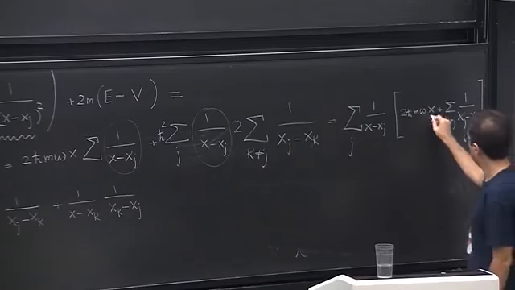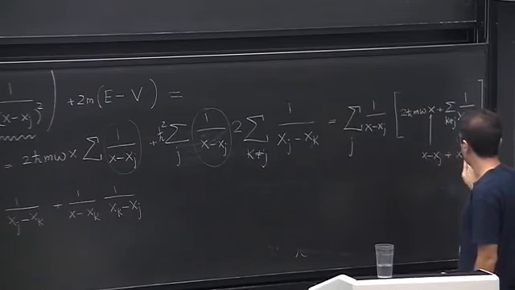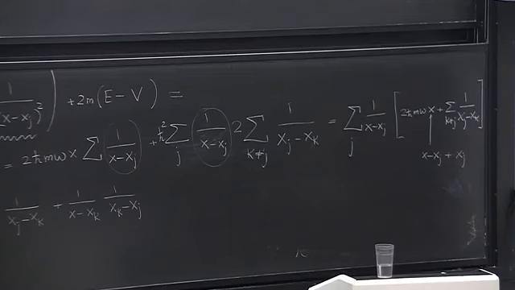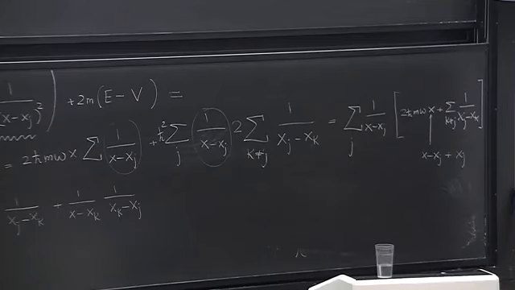And what I can do here is replace this x by x minus xj plus xj. Do you agree? Now the xj term survives there, and the x minus xj cancels, so it just counts how many terms there are, right?